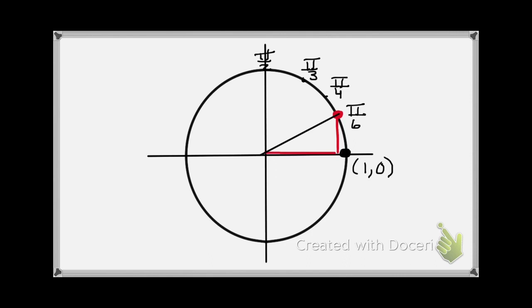So if I take the angle pi over 6 and I rotate that much, it intersects the circle at that point. And we can see that the x coordinate of that point is a little less than 1. The exact value is radical 3 over 2.